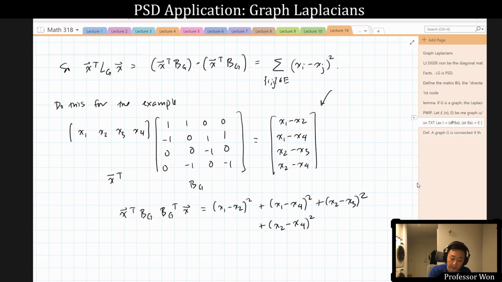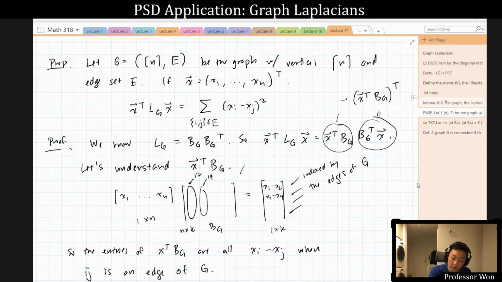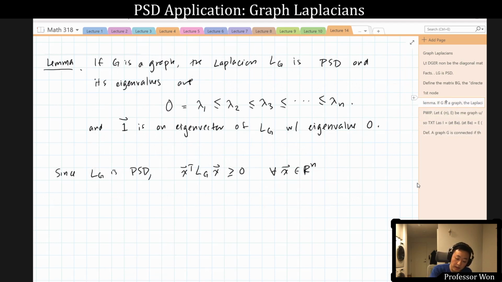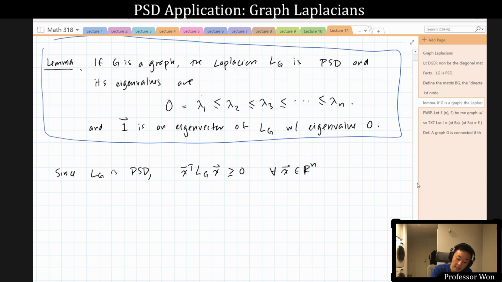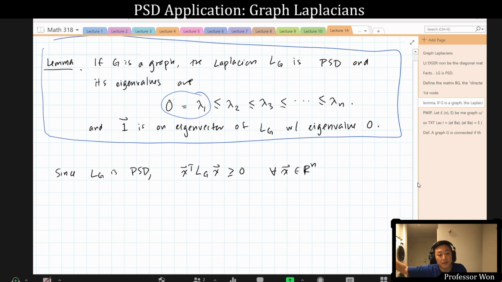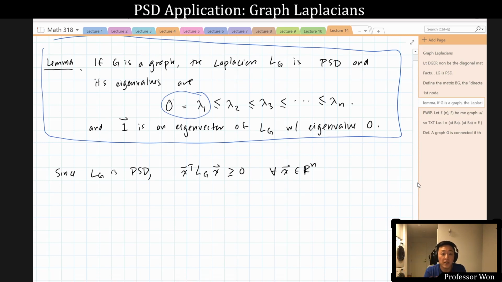Remember, I'm sticking with this convention all throughout: the first eigenvalue is 0, and then I'm listing all of the eigenvalues in strictly increasing order. So whether or not the graph is connected just depends on whether there's any other 0 eigenvalue or not. If there is another 0 eigenvalue, then the graph is not connected. If the next eigenvalue is actually positive, then the graph is connected.